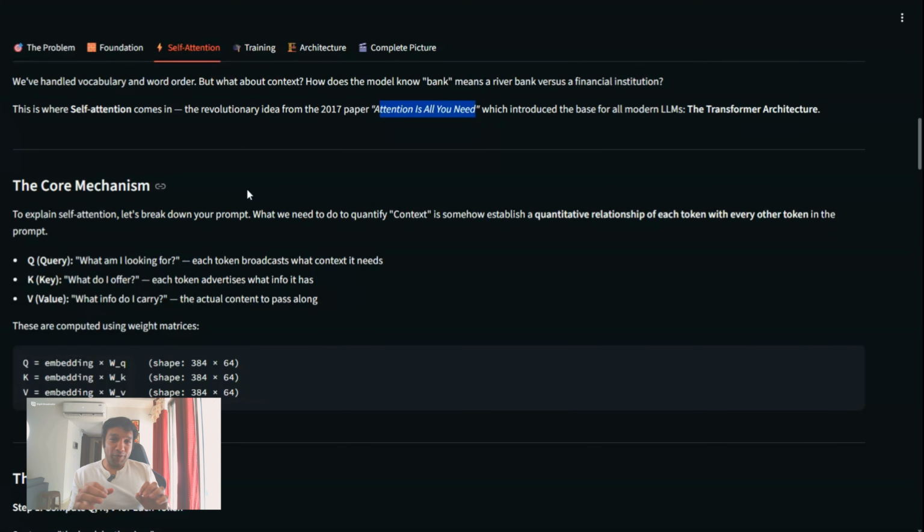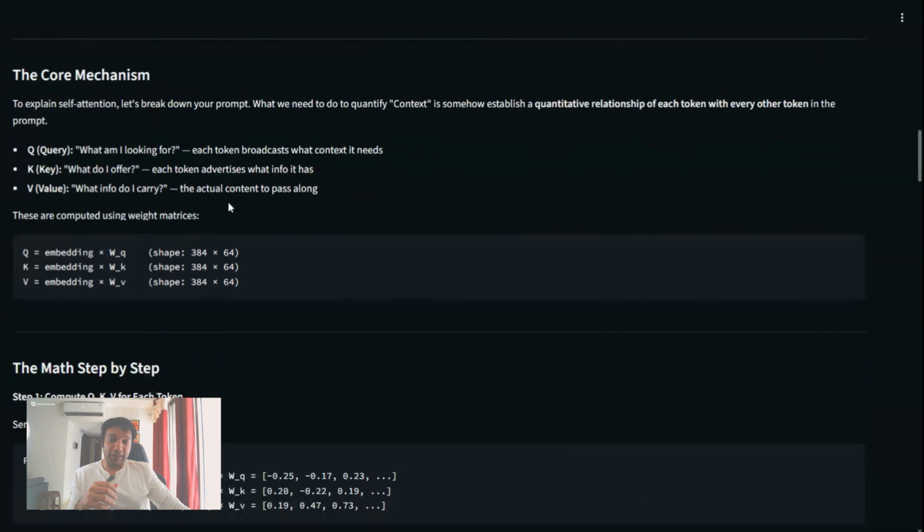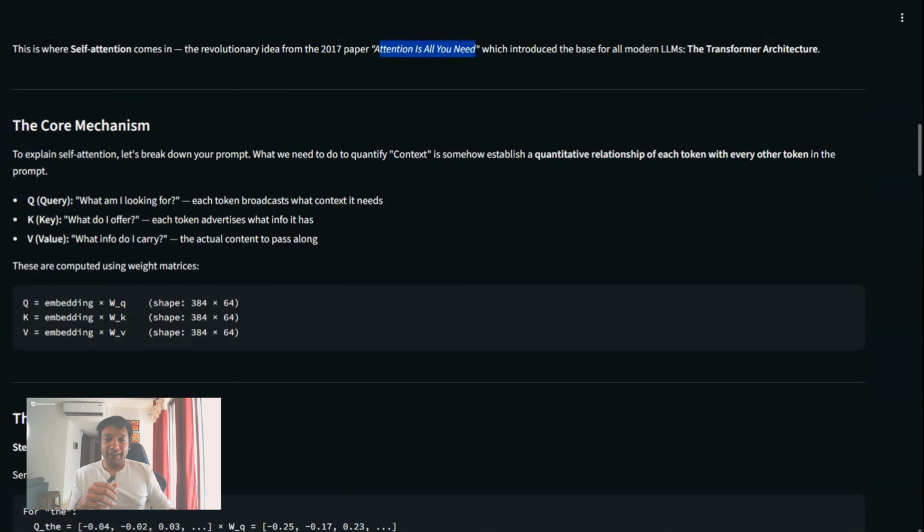The core mechanism of self attention is a series of mathematical steps in which each token looks at other tokens in the sentence and identifies their relationship with them. Think about it this way. We are going to calculate three new vectors. One is going to be query, or what I am looking for.